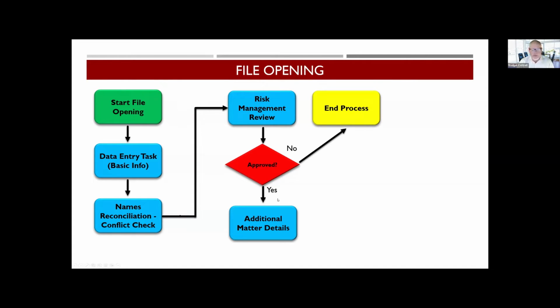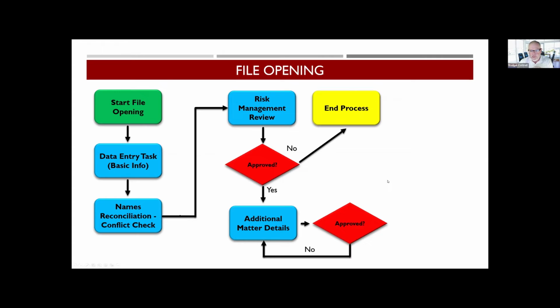conflict has been approved. So once the additional matter information is entered, that usually goes to the person or the department who is responsible for creating clients and matters in the system.